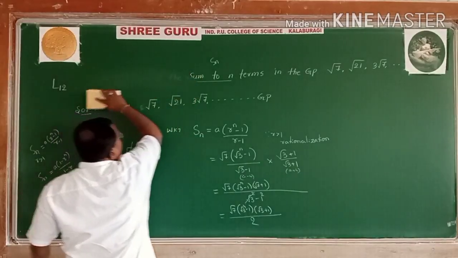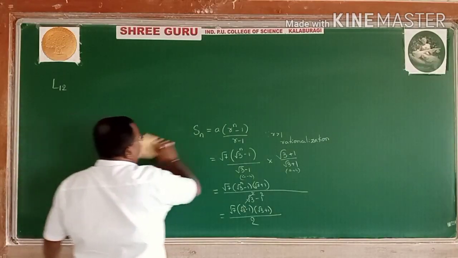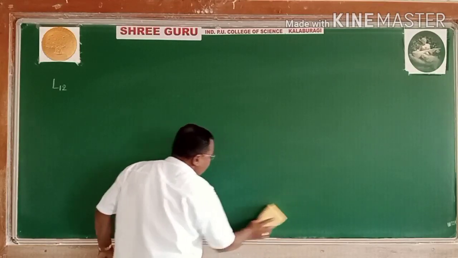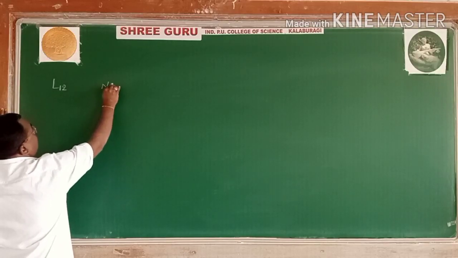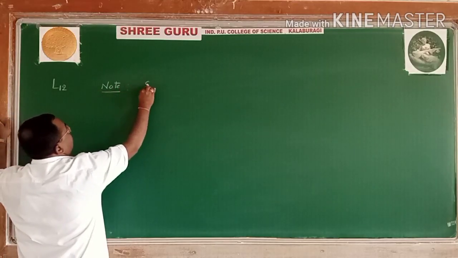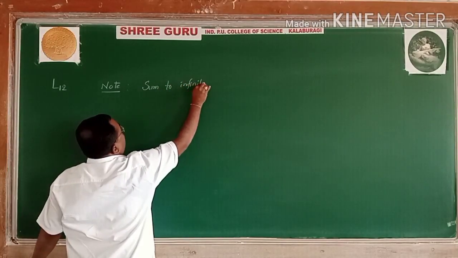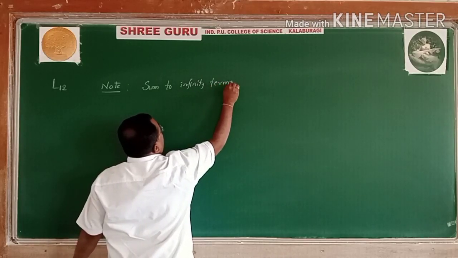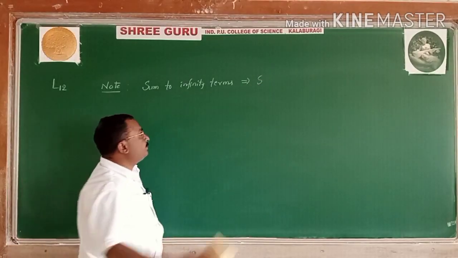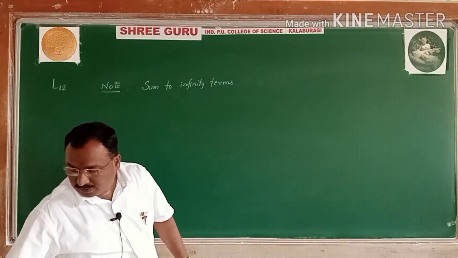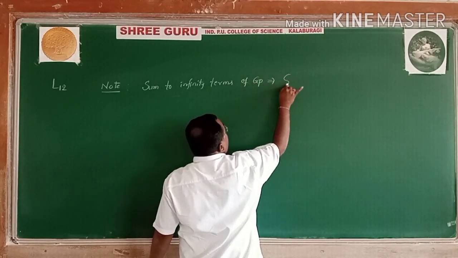For the next one, keep in your mind, note: the sum to infinite terms of a GP is S infinity.